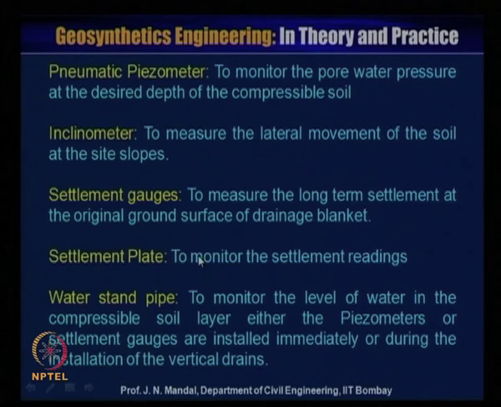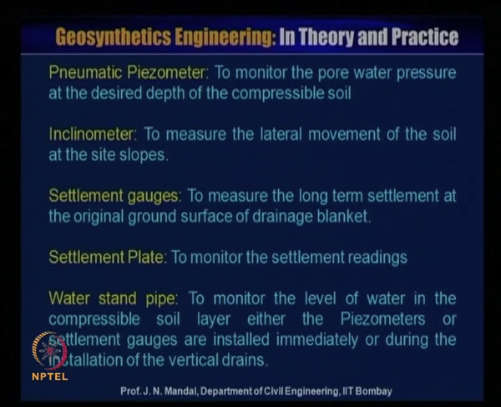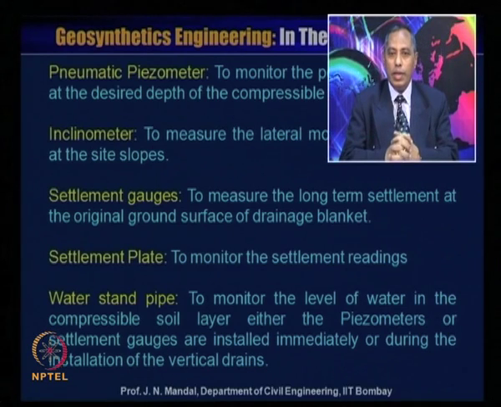So what is the role of the pneumatic piezometer? It monitors the pore water pressure at the desired depth of the compressible soil. With the inclinometer, you can measure the lateral movement of the soil at the side slope. The settlement gauge measures the long term settlement at the original ground surface of the drainage blanket.